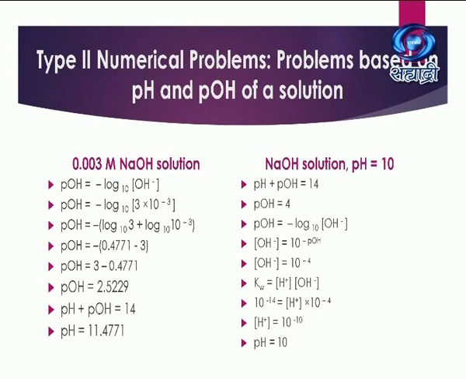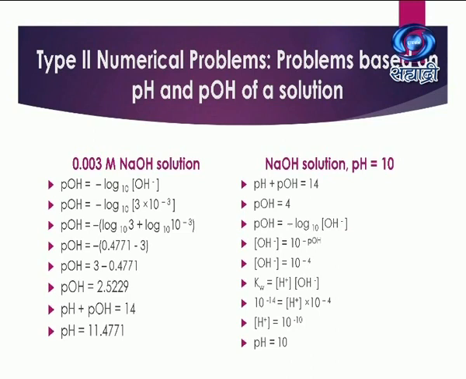Substitute the concentration of OH minus. Again, NaOH is a strong base, so the given concentration of base itself is the concentration of OH minus ions. So pOH is equal to minus log to the base 10 of 3 into 10 raised to minus 3. Now keep the negative sign outside and split the log term. So pOH is equal to minus, in bracket, log to the base 10 of 3 plus log to the base 10 of 10 raised to minus 3. Log 3 from the logarithmic table is 0.4771, and the other term becomes simply minus 3.